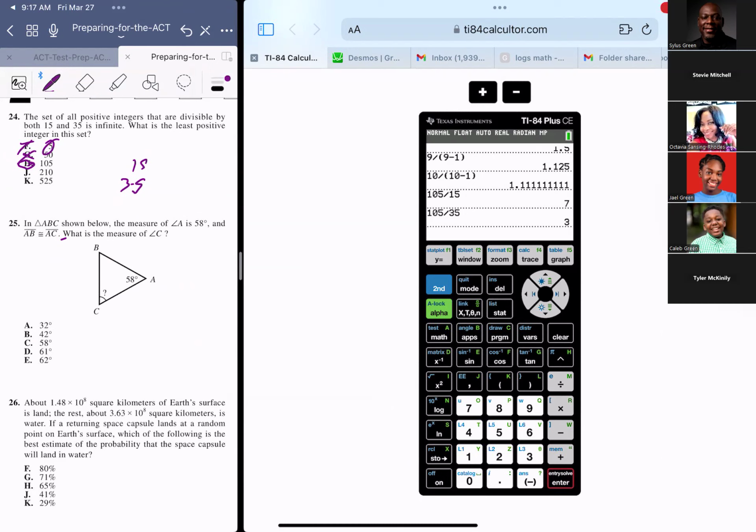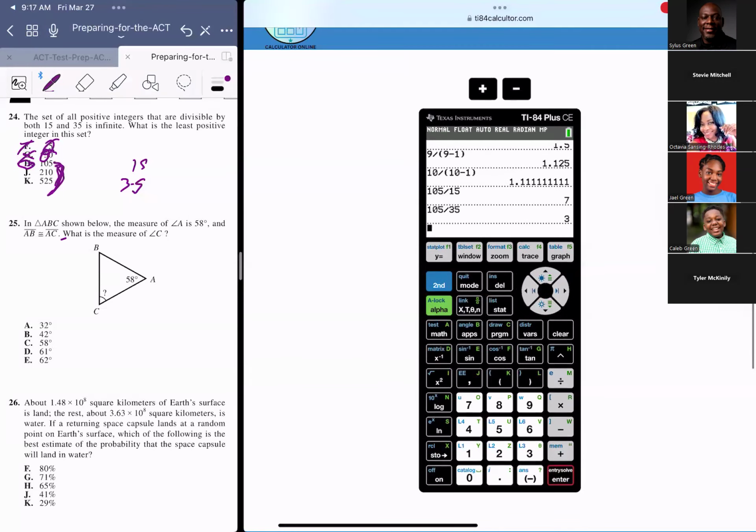It's obviously not 50 because 35 times 2 is 70, so you can't get a whole number. After that, you would just check on the calculator, and if you get a whole number, it's divisible. If you don't, then it's not divisible.